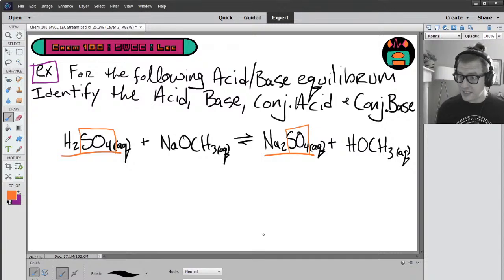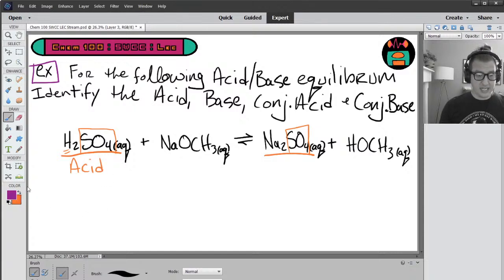And ask yourself, how has it changed? Has it gained H's? Has it lost H's? It's clearly lost H's going from the reactant side to the product side. So since H2SO4 has donated hydrogens, that makes this the acid.